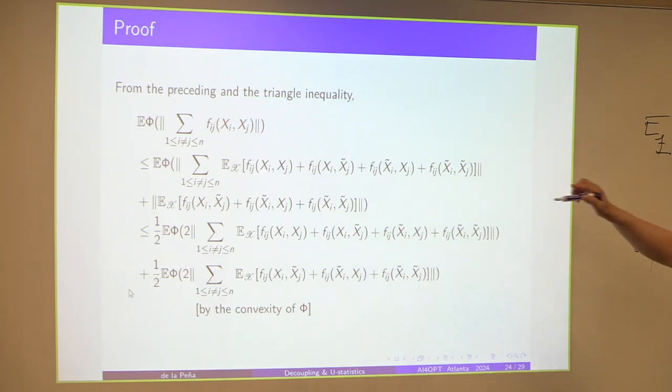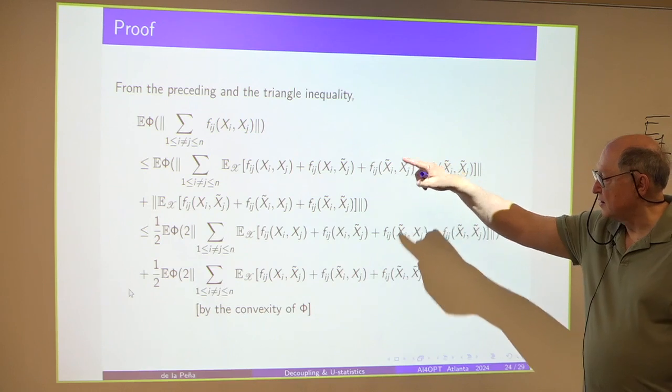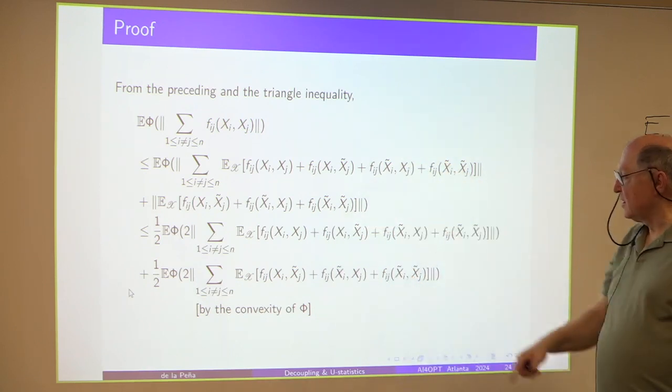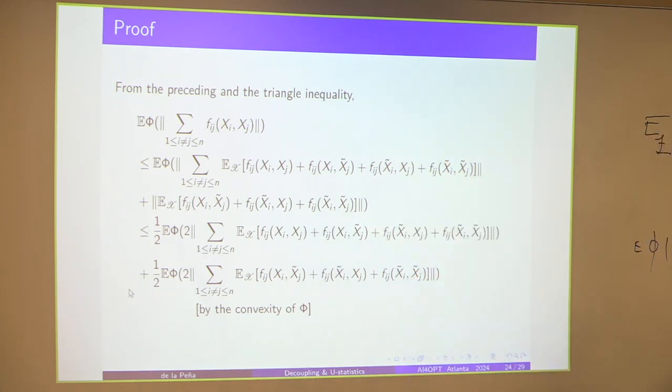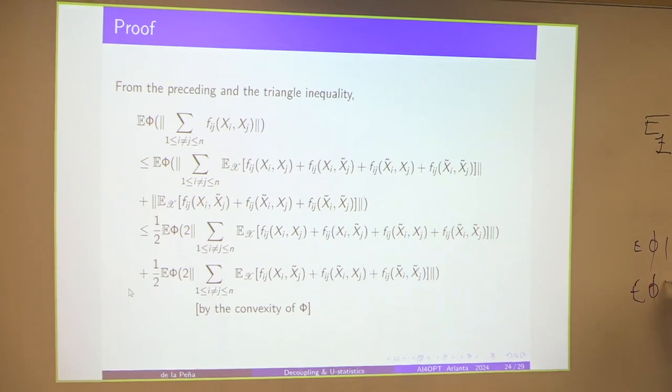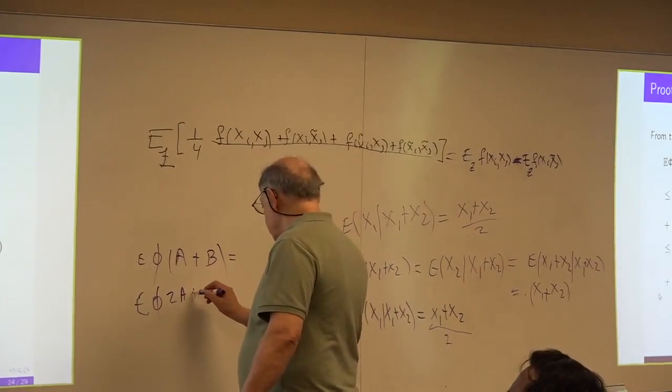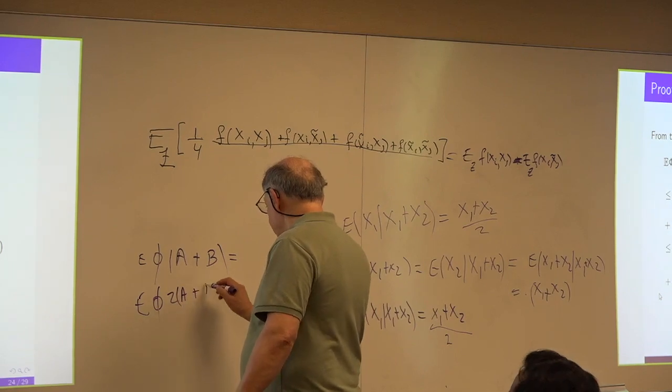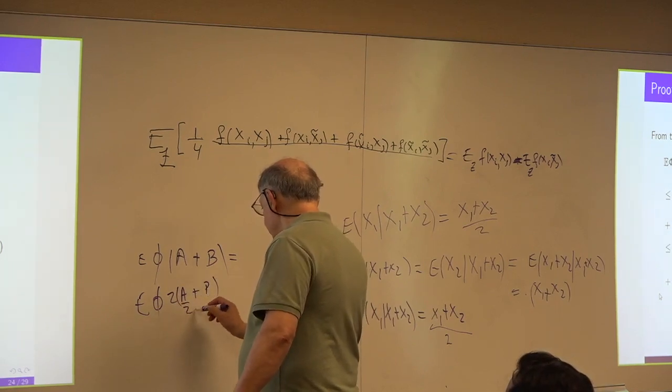Where this is A and this is B. Now, by convexity, I can show that this is equal to, so I write it as follows: expected phi of (2A plus B) over 2.